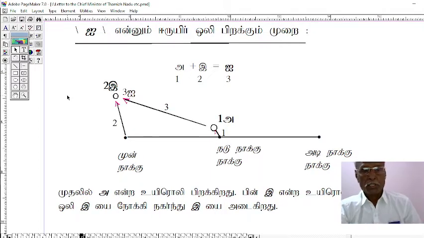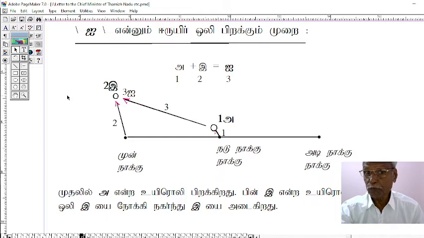See the picture, how the diphthong I is formed. See, first, the center of the tongue lightly rises and A is formed. Then the front tongue rises and the letter or phoneme E is formed.